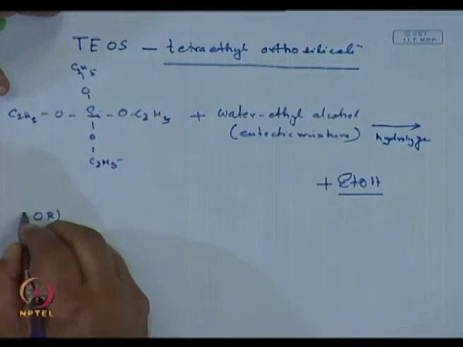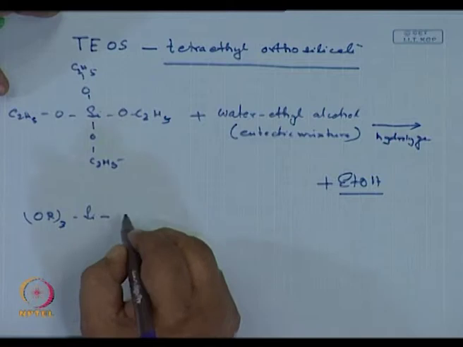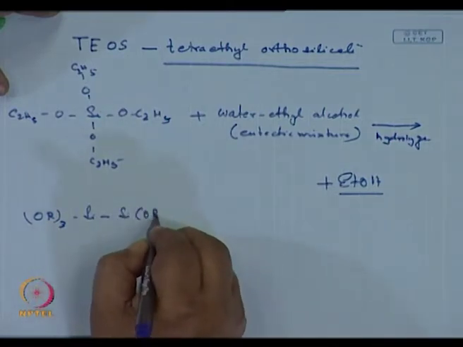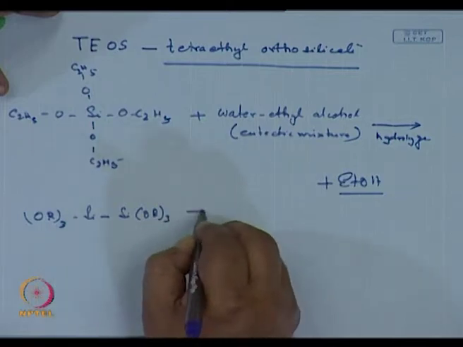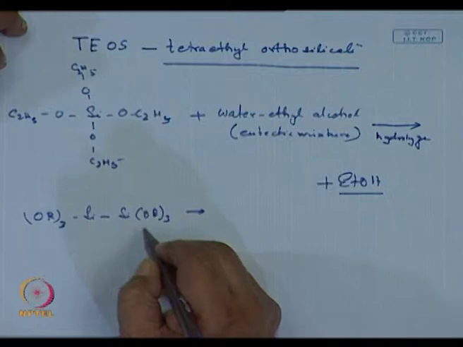From this dimer, lot more things can happen. Now, a dimer can react with another monomer to give you a trimer. For example, OR3 SiO SiOR3 can react with another of these two.